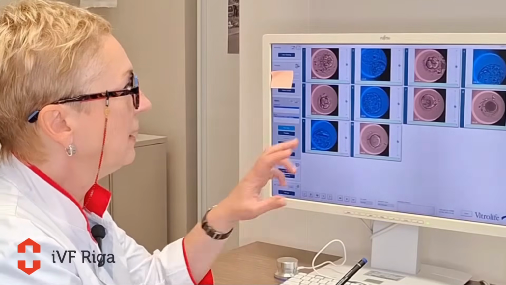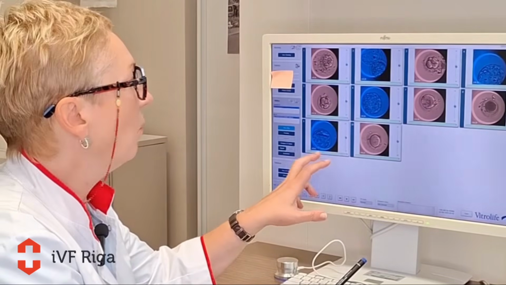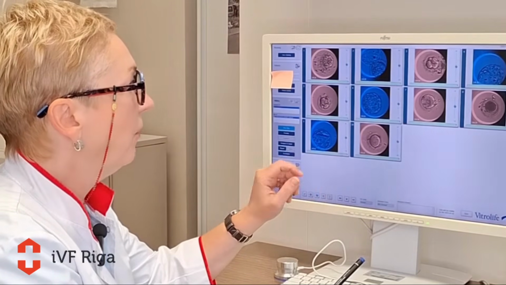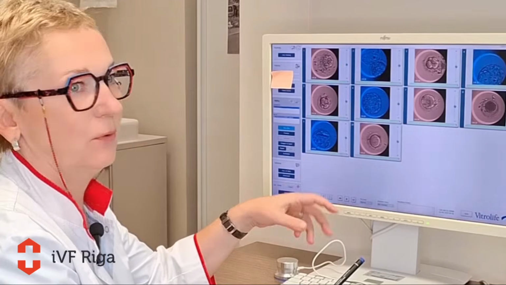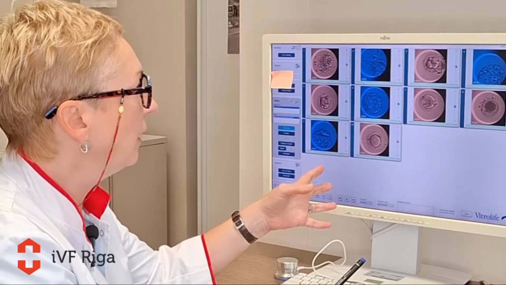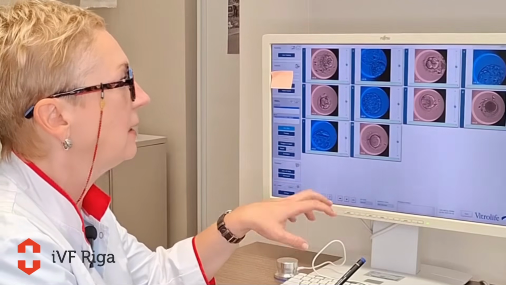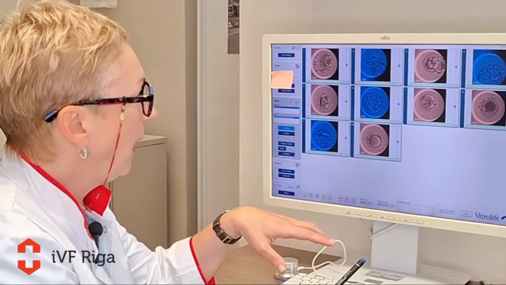To be clear with these questions, we now go to embryoscope pictures, and I will show what I mean. Now we see the screen with one patient's embryoscope results. We see how all the embryos look during the 5 days of incubation.